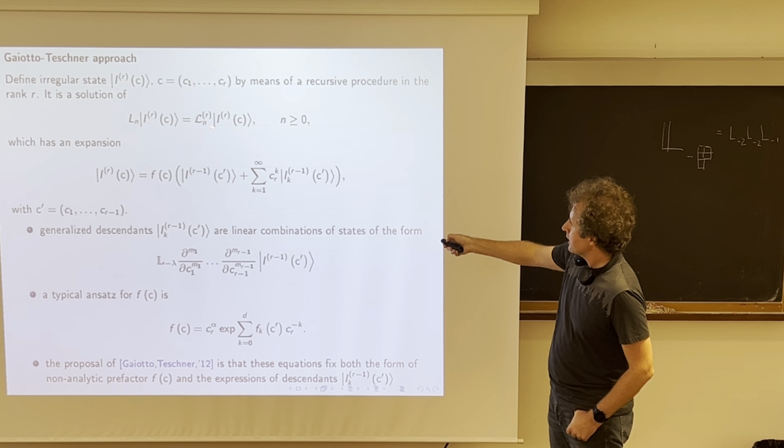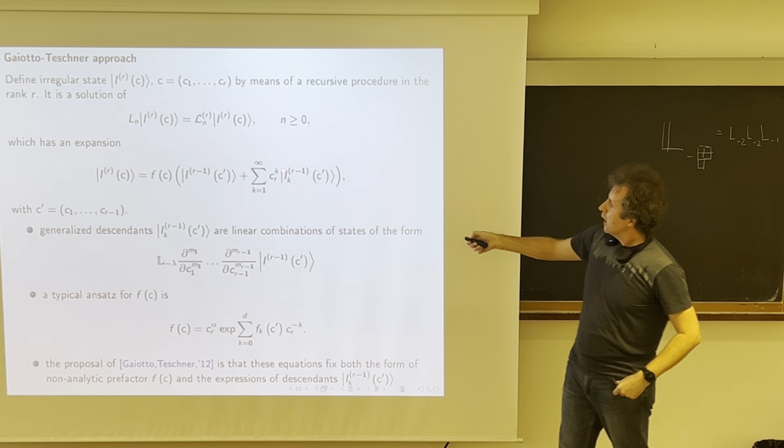So recall that with SL2 and Virasoro before, I was looking for the Whittaker state in the form of a series in epsilon in the eigenvalue. So here it is a series in the highest eigenvalue, so to say, the eigenvalue of L_{2R}.